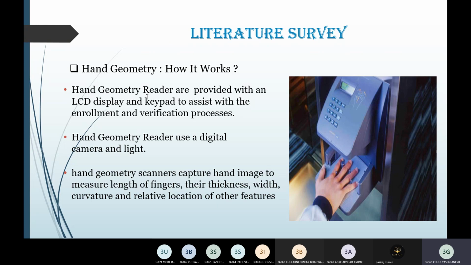If it matches, it allows the user to use the machine, otherwise it denies the user.